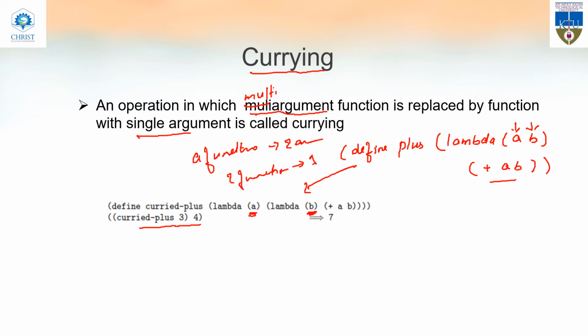Clear? So the resultant, you will be adding this 3 and 4, and you will get 7. I hope it is clear. Okay, so this is called currying. So you will be replacing a multi-argument function with a single argument function. This is called currying, and it is a very important question. Okay, so thank you.